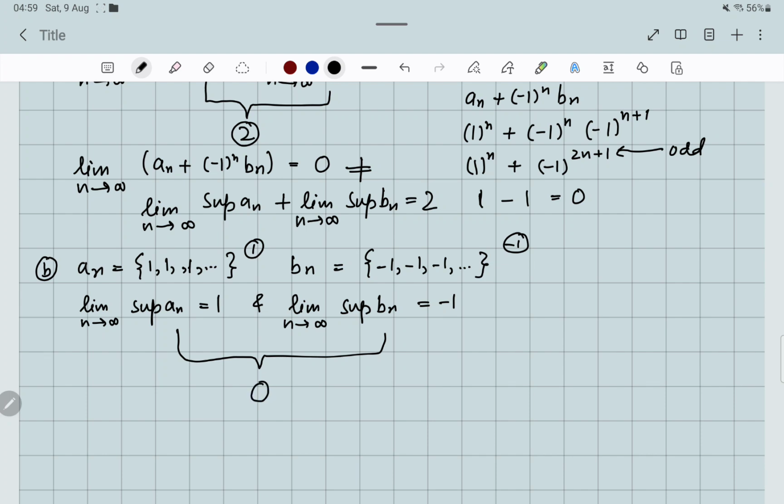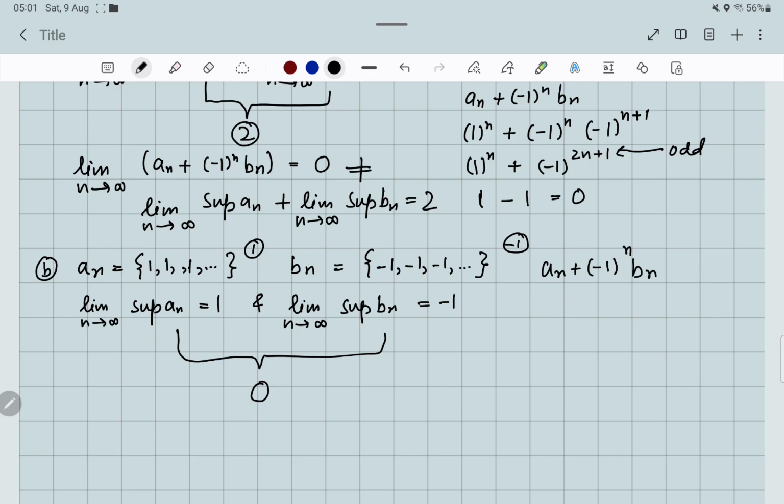Now what is a_n plus (-1)^n b_n? Now a_n is 1 only, and this is (-1)^n, and b_n is -1.